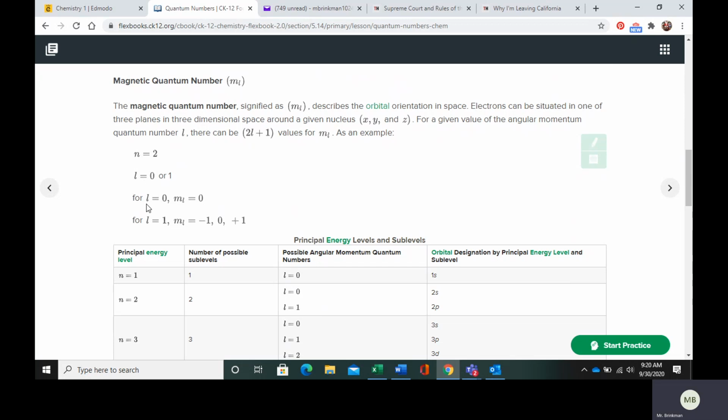So if L equals 0, then m equals 0, or for L equals 1, m can be -1, 0, or +1. Okay? This seems a little confusing.